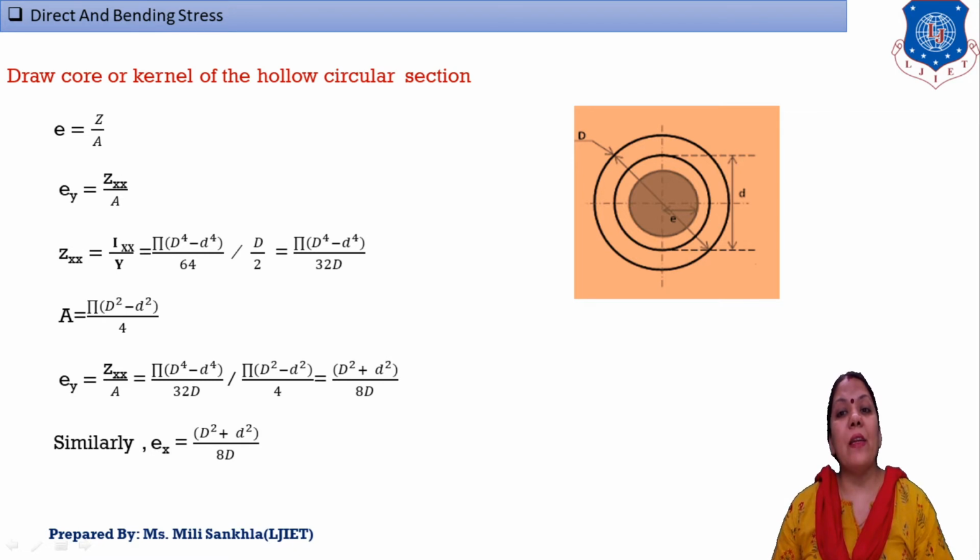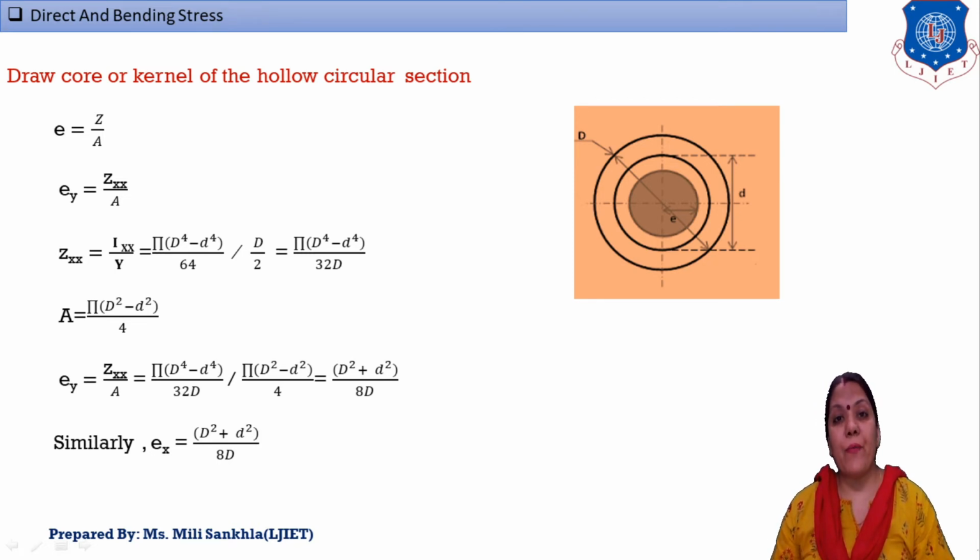We can't take the inner diameter, we take the outer surface. After dividing, we get pi times D raised to 4 minus d raised to 4 divided by 32D. Now what is the area of this hollow circular section?